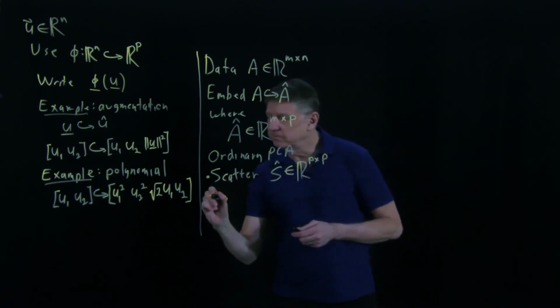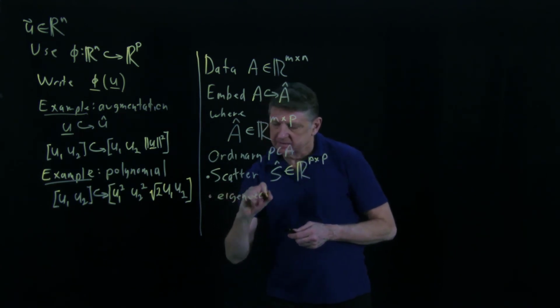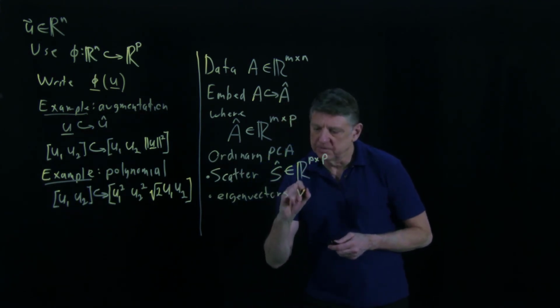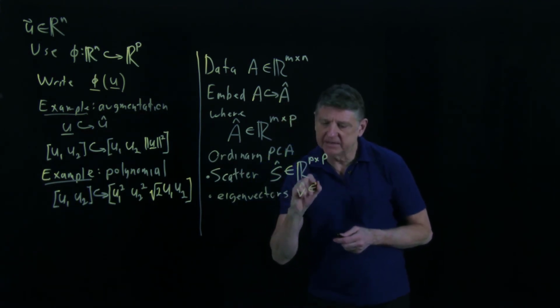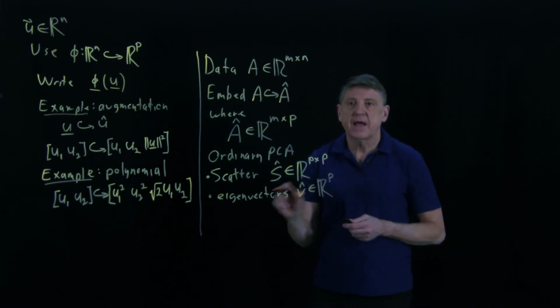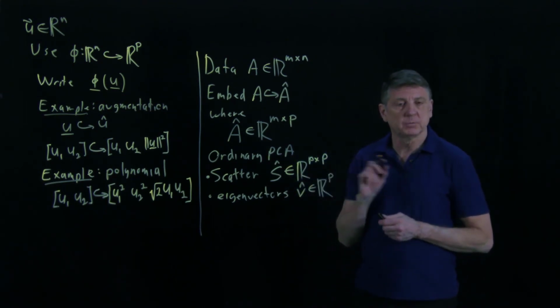And then we would find the eigenvectors, which we can call V with a hat, and these would now also have p entries to them. And we can see immediately that there are a few problems with this.